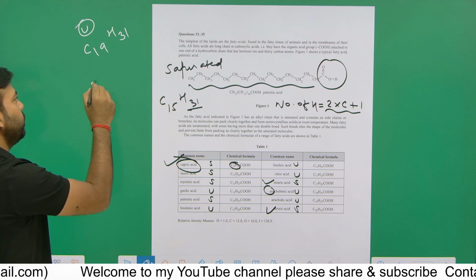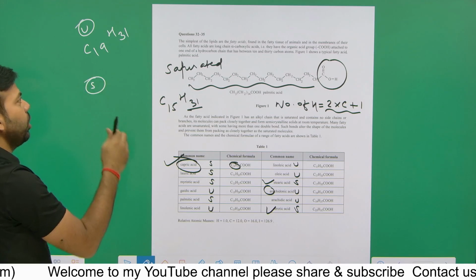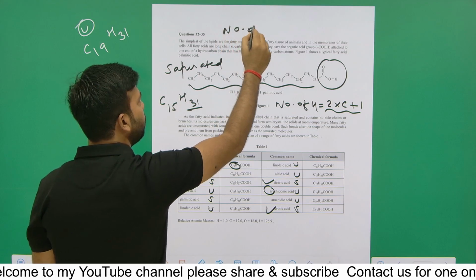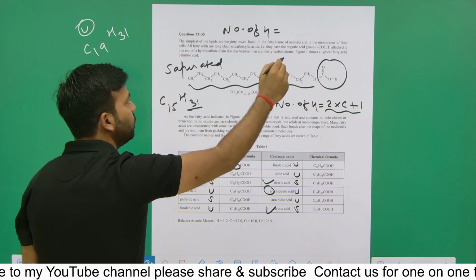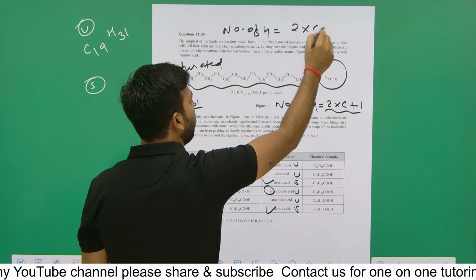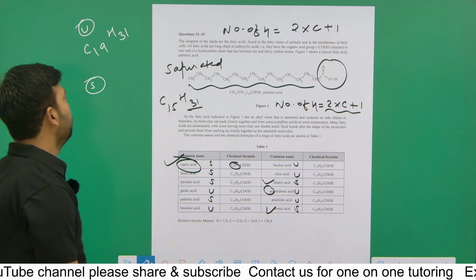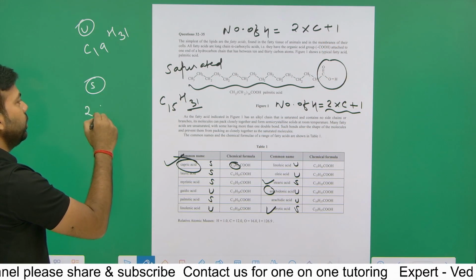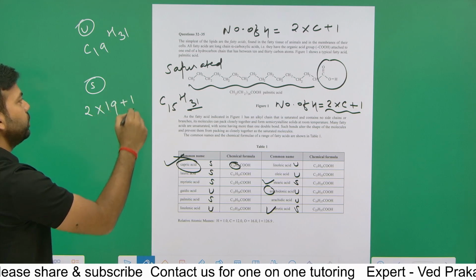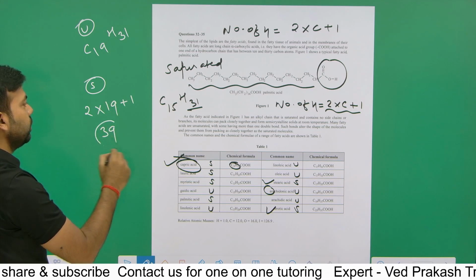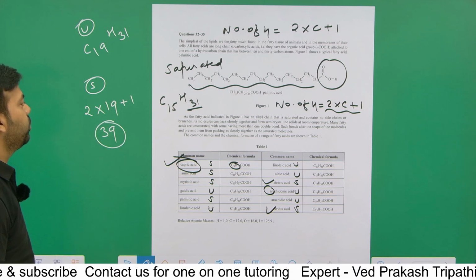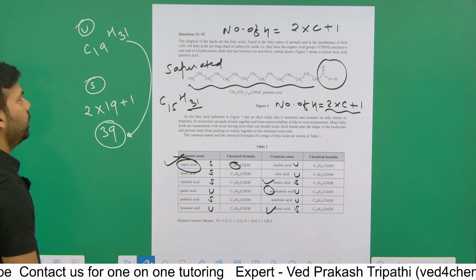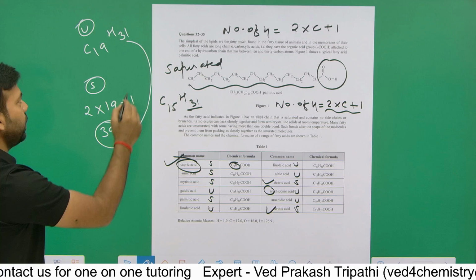If it is saturated, we all know the number of hydrogens will be 2 into the number of carbons plus 1. So here carbon is 19, so 2 into 19 plus 1 means 39. Clear? How many hydrogens are lost here? 31 and 39. Clear? It means 8 hydrogens.